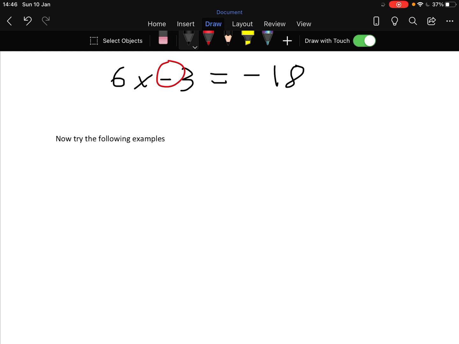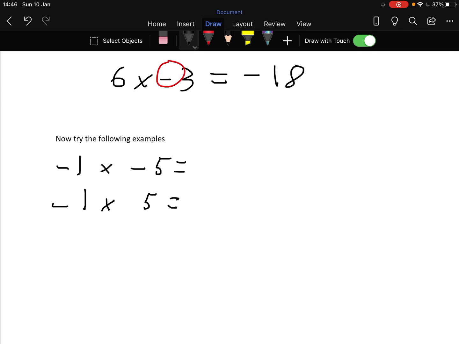Okay, so we'll start with the first one. The first one is -1 multiplied by -5. The next one, -1 multiplied by 5.